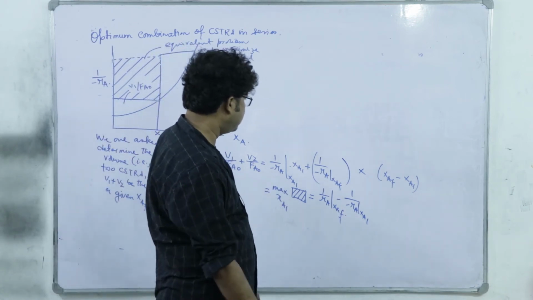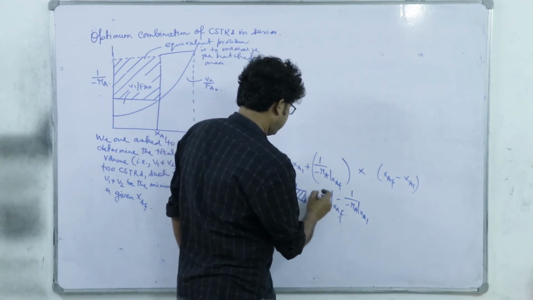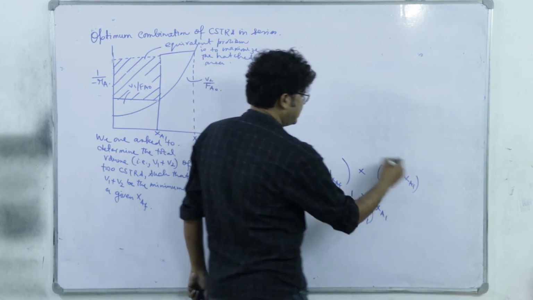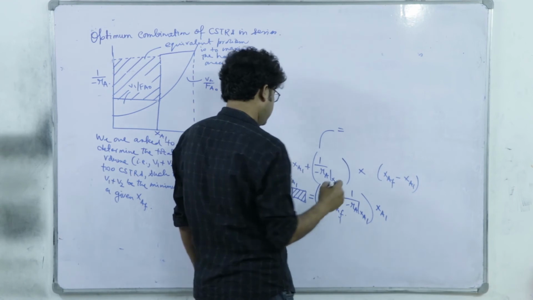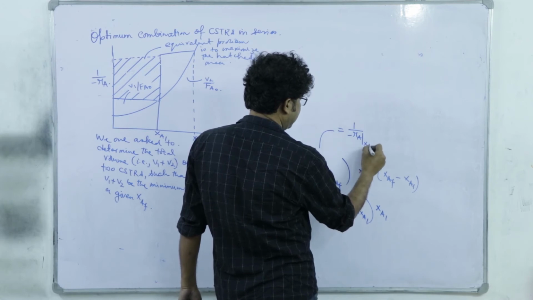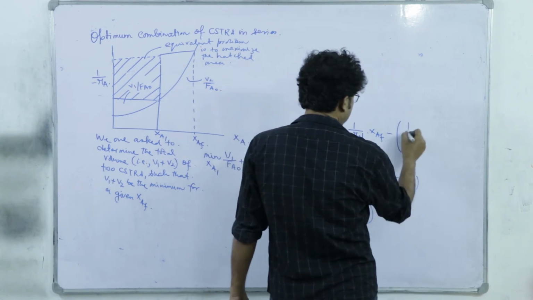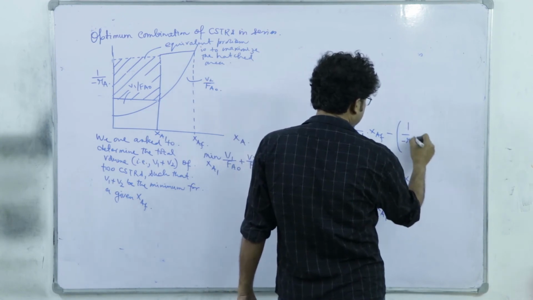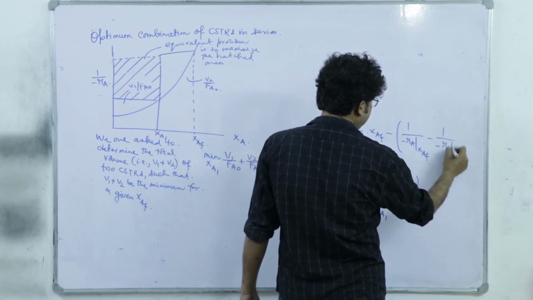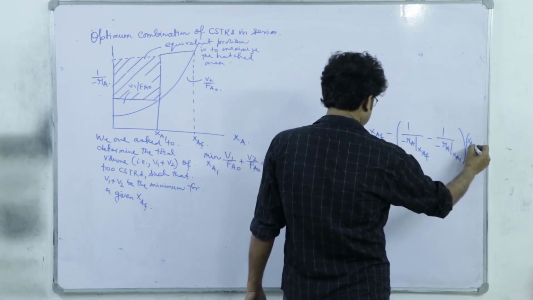So, we will be maximizing this area because, into Xa1, this is equal to 1 by minus Ra at Xaf into Xaf minus 1 by minus Ra at Xaf minus 1 by minus Ra at Xa1 into Xa1.